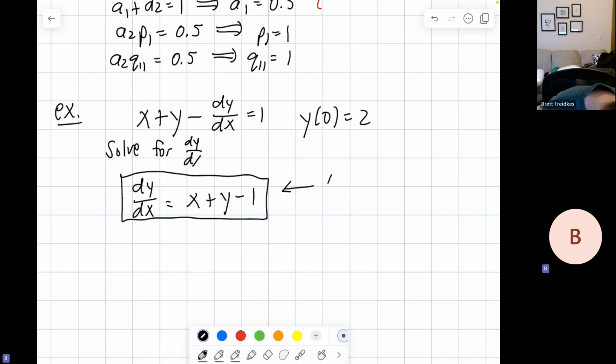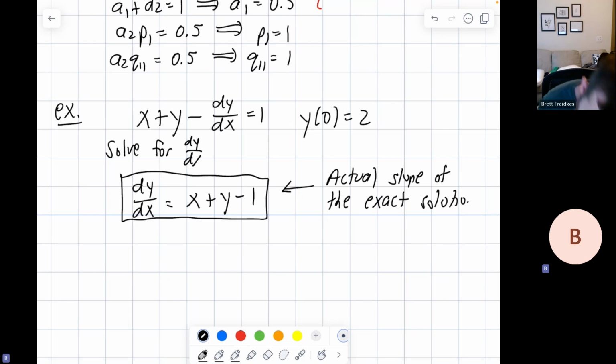So this is the actual slope of the exact solution. We don't know what the solution is, but we know its slope. It's based on the x and y coordinates of the point.